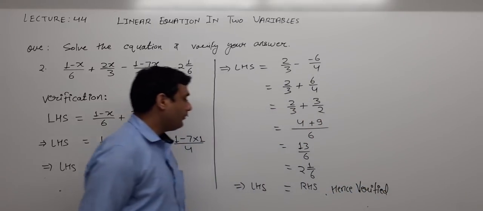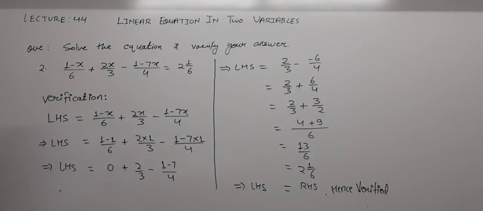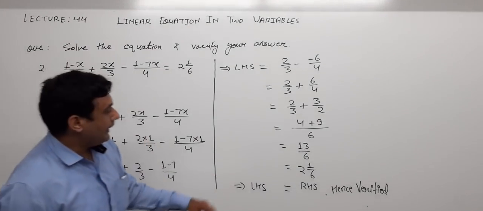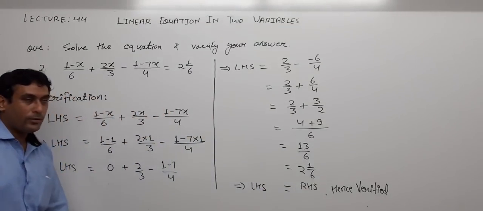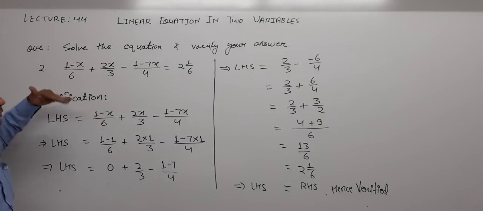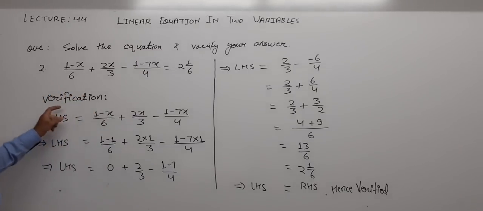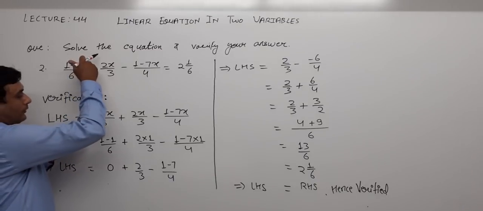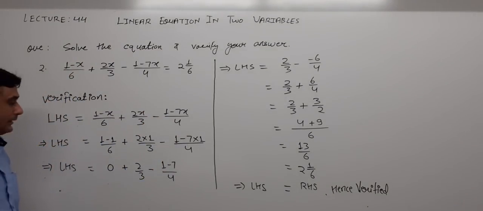Okay, our answer is verified because we got left hand side equal to right hand side. If in any case you are not getting left hand side equal to right hand side, it is quite possible that either your answer is wrong, that means the value that you got is wrong, or it is quite possible that after putting x equal to whatever you got over here, you have some calculation mistake. Okay, so this is verified.